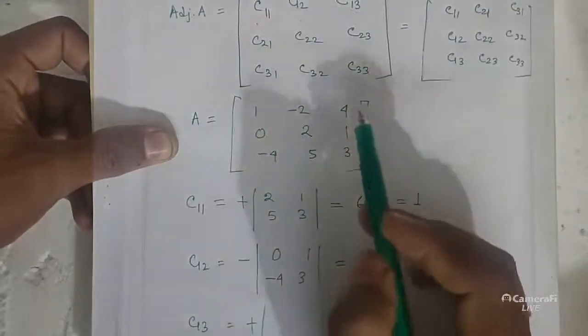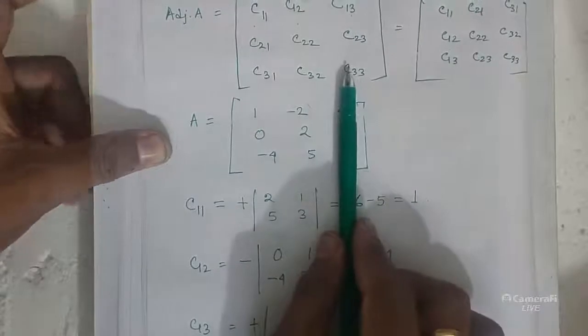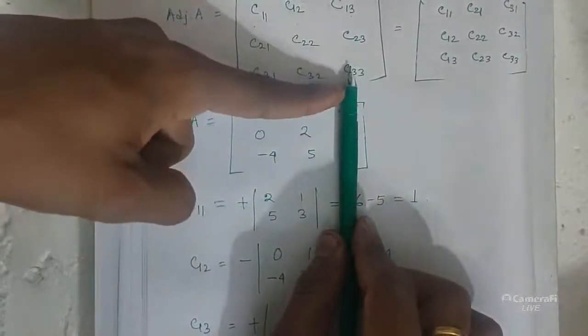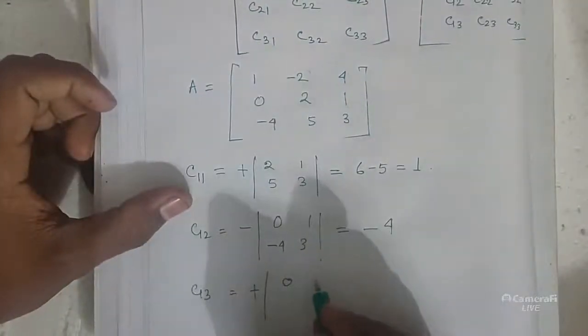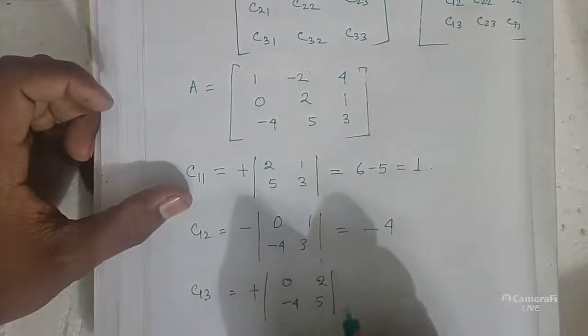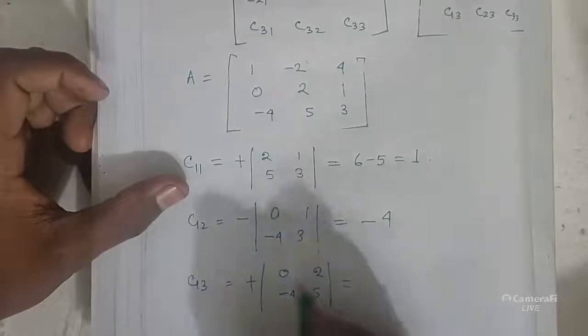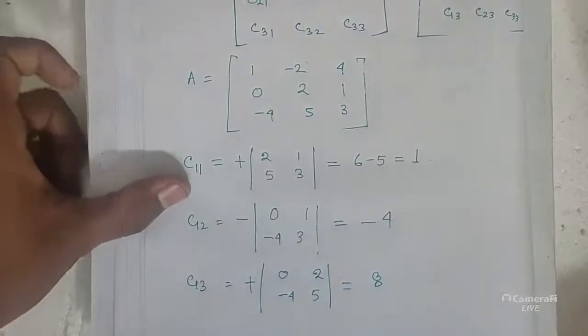Next, since we are finding for this 4, what is left after removing this row and column? 0, 2, -4, 5. Right? Next calculate it. 0 minus of -8, that is +8. So +8 we are getting.